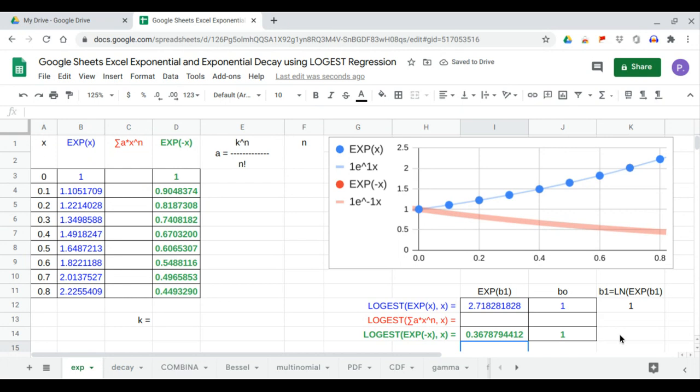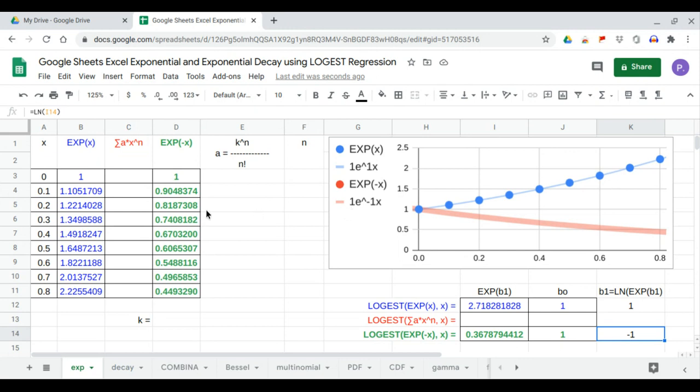So here we have the value b1. To get b1, we have ln of this value. So we have this, negative 1. So b1 is negative 1, while b0 is positive 1.